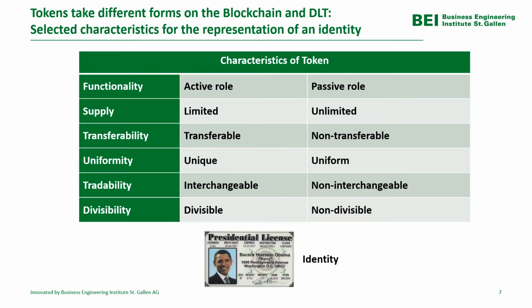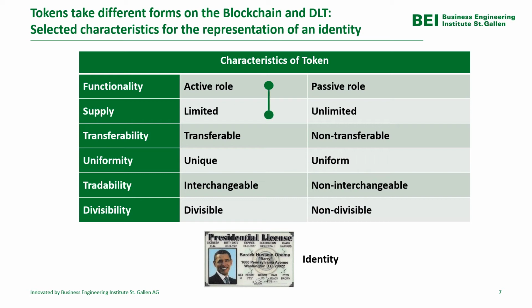And the last example for our classification would be the tokenization of identity into an identity token. If you consider the functionality, an identity token should play an active role in the system. An identity is mostly used to authenticate yourself for a specific service or for the initiation of a specific process.